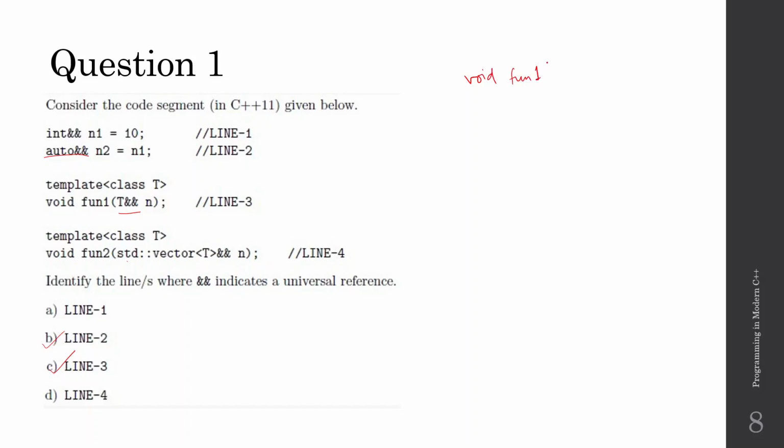Sir, there will be no clash, because T will be T ampersand, and T will be an lvalue, T will be integer ampersand, right? In which line? Line number 3. No, integer is not specified. Nowhere here is integer written.